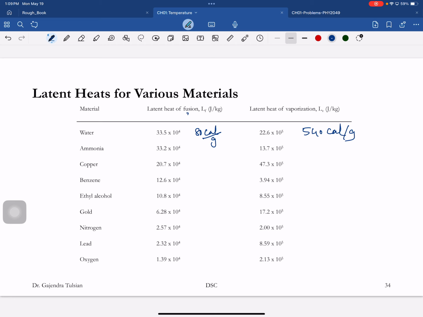What does that mean? To convert 1 gram of water to steam, you need 540 calories of heat. To melt 1 gram of ice, you need 80 calories of heat.